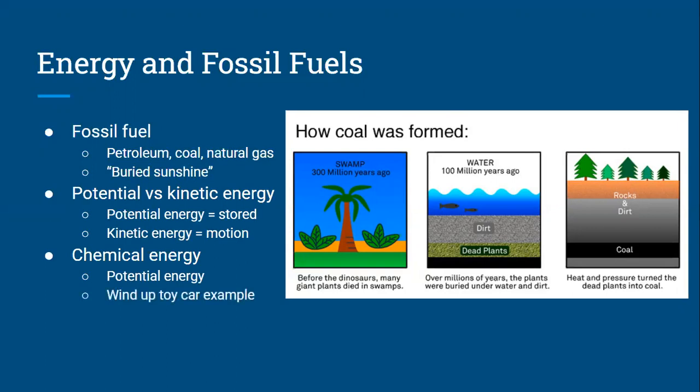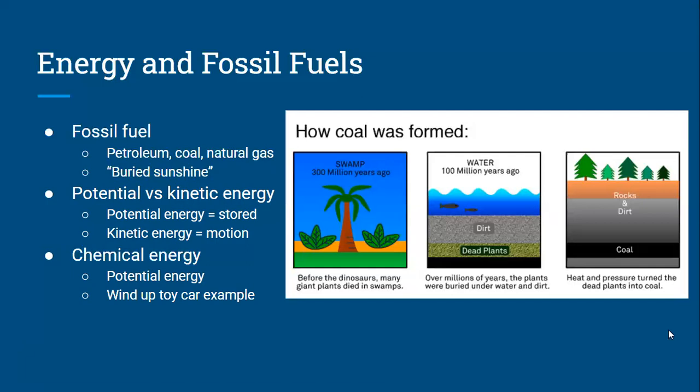When you think about potential energy, you can think about a wind-up toy car. You turn the crank and you get all that energy inside of the toy car, and it's stored in there until you let go. Once you let go, that stored energy becomes motion, or kinetic energy, and now it's doing a job. Similarly, inside chemical compounds, there's energy in those bonds.